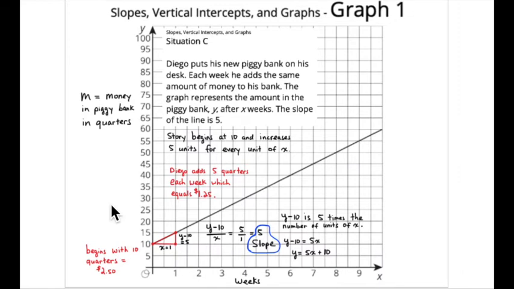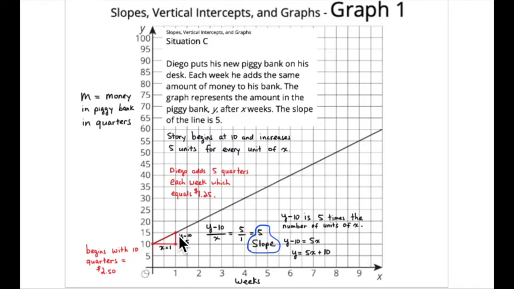Could have been $5. That would be $5 a week, which is a little bit too much, I thought. So let's call it 5 quarters, which is $1.25 each week.